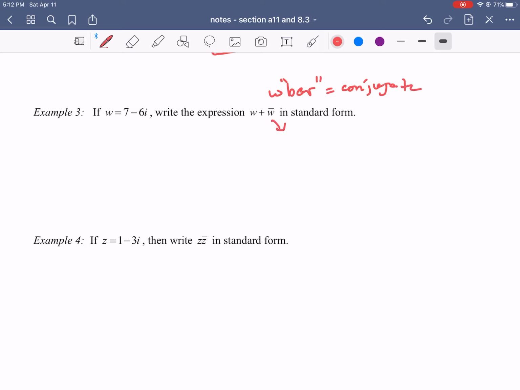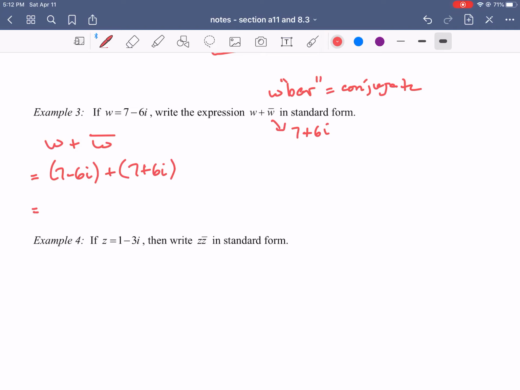And so in this particular problem, w bar is going to equal the conjugate of w, which will be 7 plus 6i. So when we want to do w plus w bar, that's going to equal our definition in this problem for w, added to the conjugate of w, which will be 7 plus 6i.